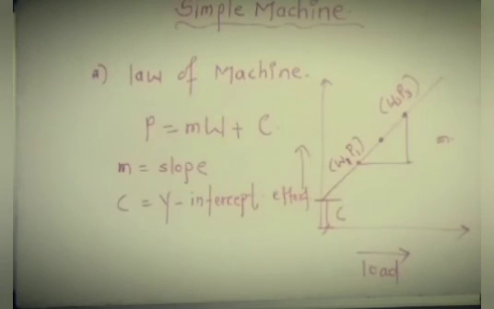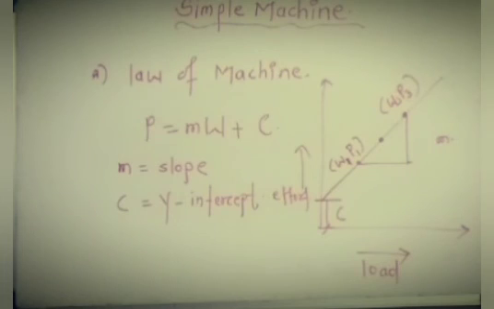If load is known, we can calculate effort for a specific machine. A question may be asked: define law of machine. The law of machine is the relation between load and effort with slope and y-intercept. Slope is denoted by m and y-intercept is c.